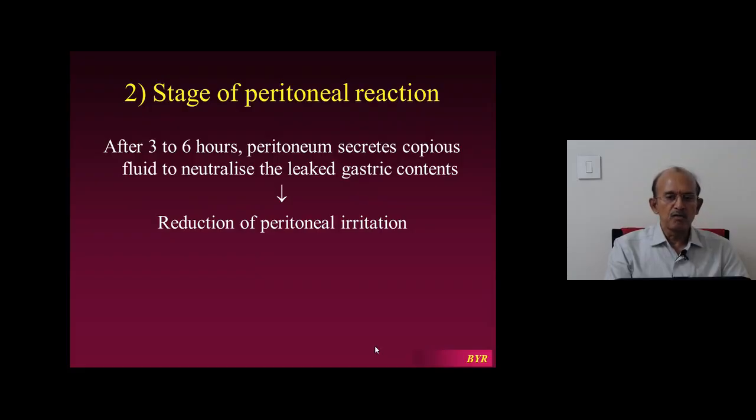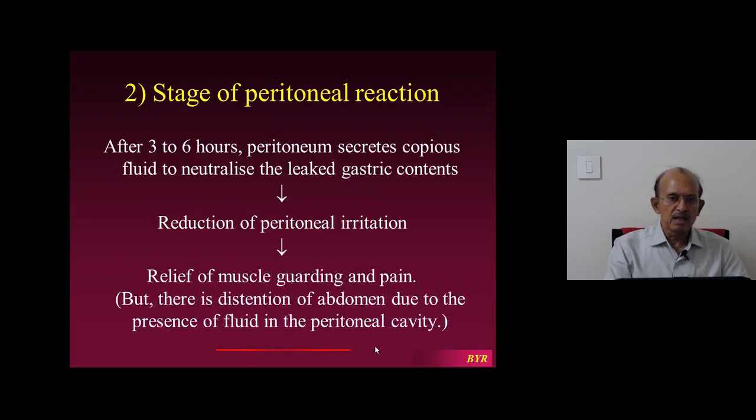So there is reduction of peritoneal irritation, so there is reduction of pain. So there is relief of muscle guarding, there is relief of pain. But there is distension of the abdomen due to the presence of fluid in the peritoneal cavity. But that is mild.